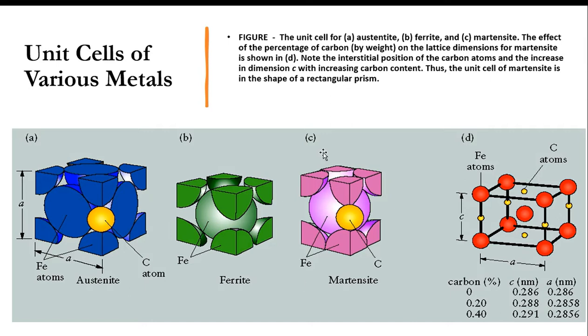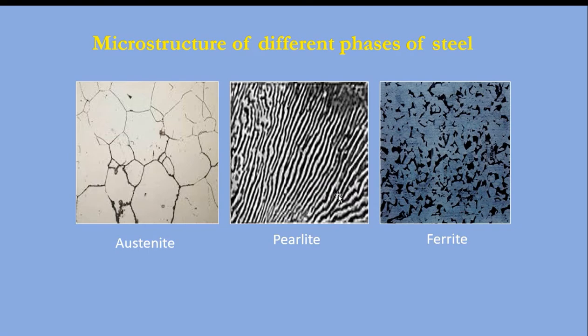So that is why they identified this structure change and nominated these names, ferrite, austenite, martensite. Likewise they developed these names due to the placement of the carbon atom.